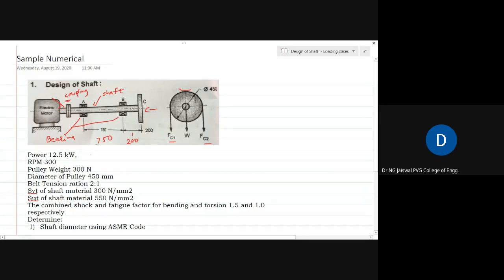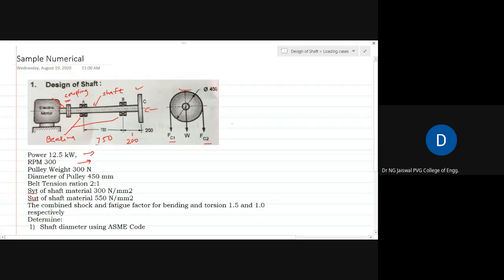The power transmitted through the shaft is 12.5 kilowatt. The shaft is running at 300 RPM, 300 revolutions per minute. The pulley is placed at location C, the extreme right. The pulley weight is given as 300 Newton. The diameter of the pulley is given as 450 mm.